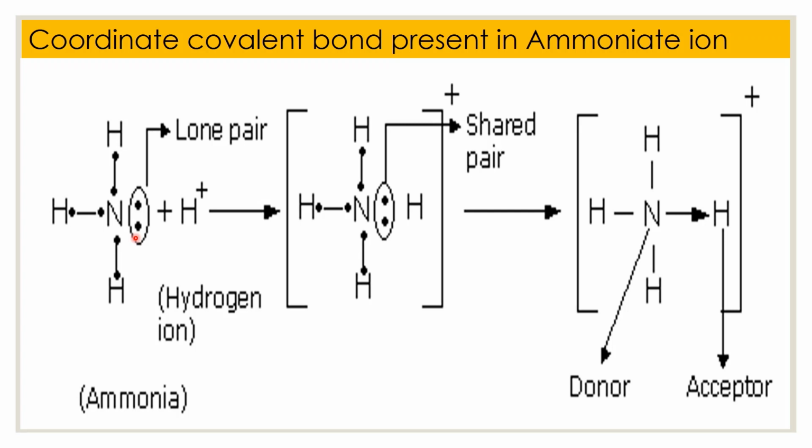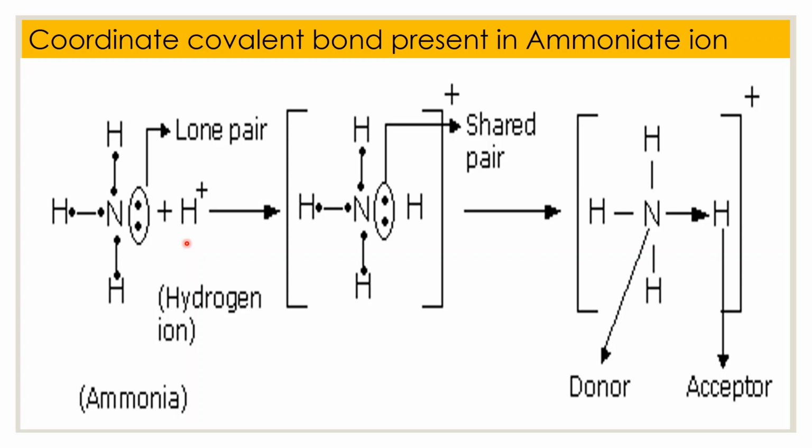Lone pair means even though these 2 electrons are in the outermost shell, they do not participate in bonding. So that kind of pair of electrons in outermost shell we call lone pair. So with this lone pair, nitrogen in ammonia has octet structure.